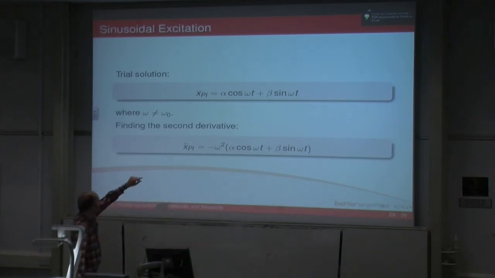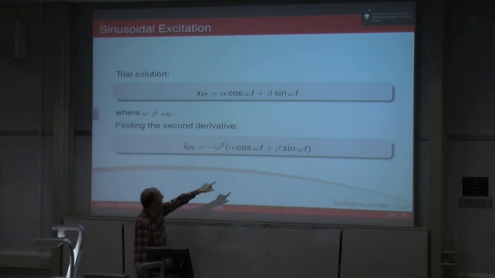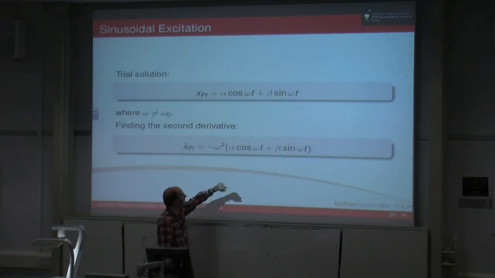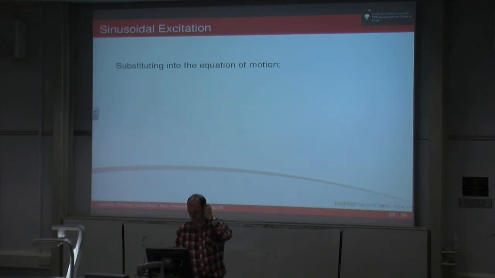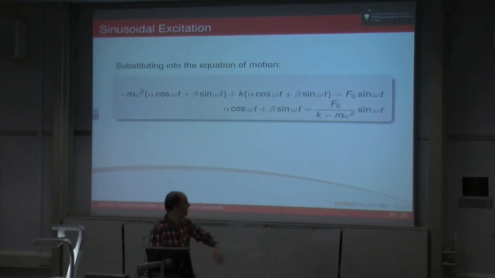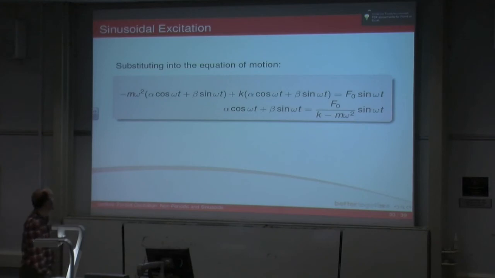So we find the second derivative of this. What happens is that we have a minus omega squared come out from both of these terms. So we have minus omega squared times x as x double dot. And so you stick that in your equation of motion. You end up with this really quite ugly equation. We have m x double dot, so we have m times minus omega squared times x, plus k x, equals F naught sine omega t.